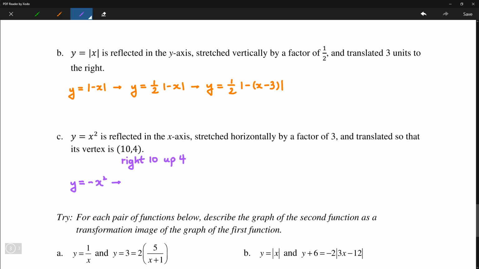And then after that, stretch horizontally by a factor of 3, so we're going to replace x with 1/3 x. So this will be 1/3 x and then all squared. And then after that, right 10 spaces, so that means we replace x with x minus 10. And of course, up 4, so plus 4.